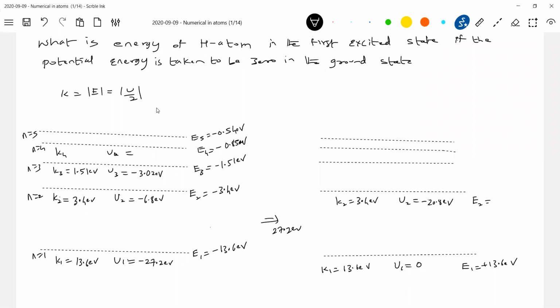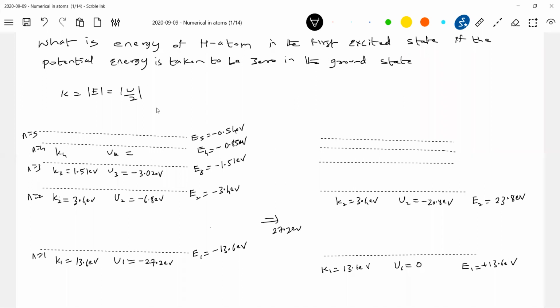You can ask that question. I should add energy of 27.2 electron volt for each state. Then when I add that, this will become 23.8 electron volt. When you add 27.2 minus 3.4, how much do you get?